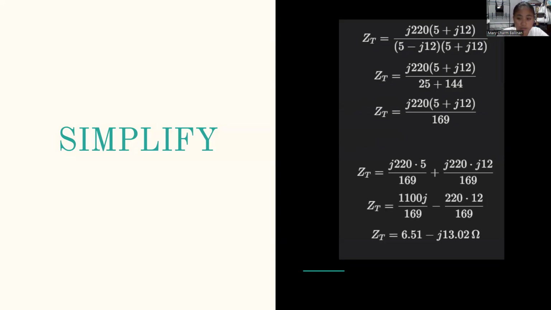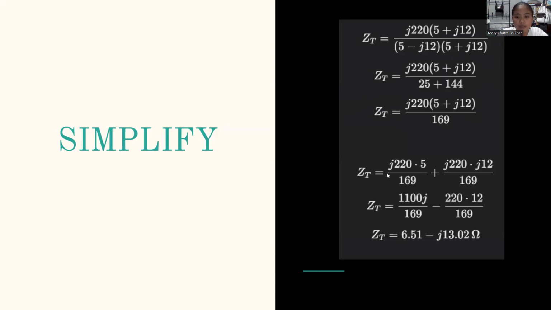So ZT is equal to j220 times 5 plus j12 over 5 minus j12 multiplied by 5 plus j12, giving us an answer of j220 times 5 plus j12 over 25 plus 144. Our simplified form is j220 times 5 plus j12 all over 169.